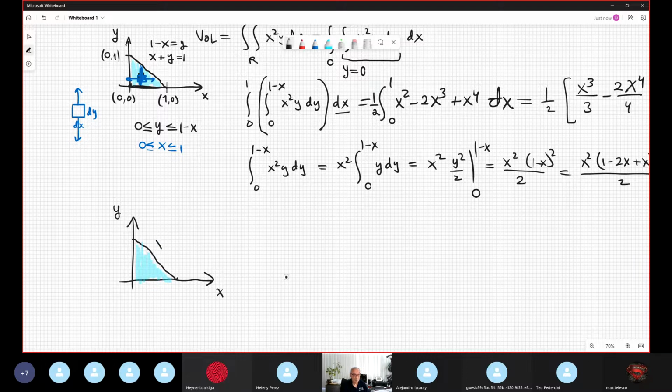This is the famous line x plus y equals 1, and the points are the same, 0, 0, 1, 0, 0, 1. But I make a decision, integration in this direction. So our famous infinitesimal rectangle, I stretch it horizontal.